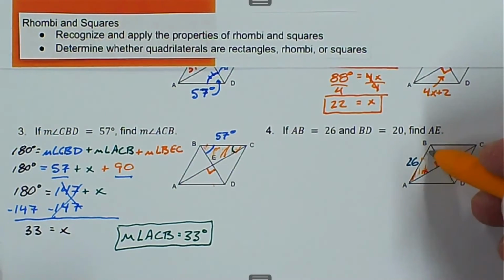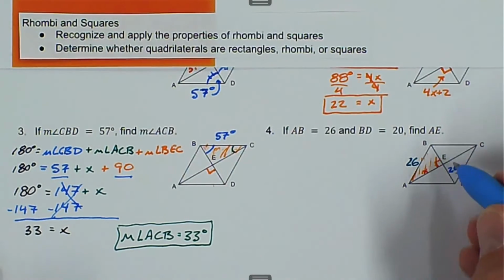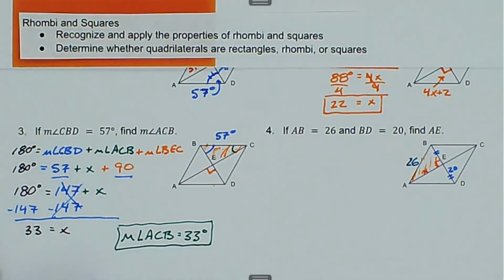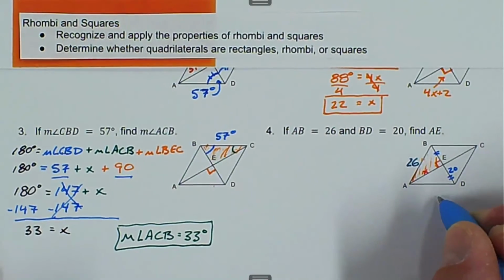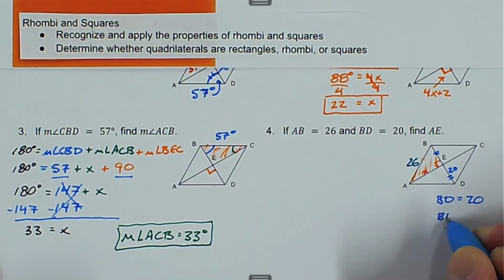So there's a couple properties that we have to remember. For a rhombus, the diagonals are perpendicular bisectors. So that means that this side is congruent to this side. So if BD is equal to 20, then BE is equal to 20 divided by 2, which is equal to 10.